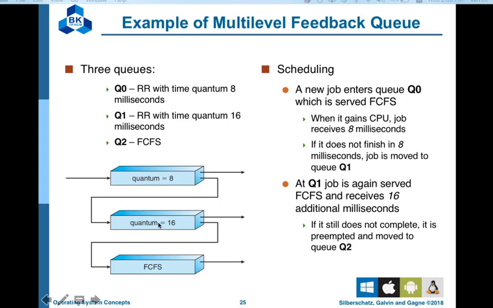After that, if the process is not yet finished, the process will be moved to the last one, FCFS, and execute here until finishing. Q0 is the highest priority queue, the next one is Q1, and finally the last is the FCFS queue.